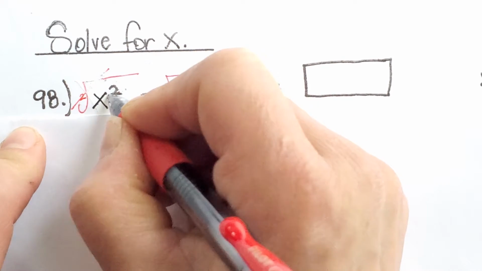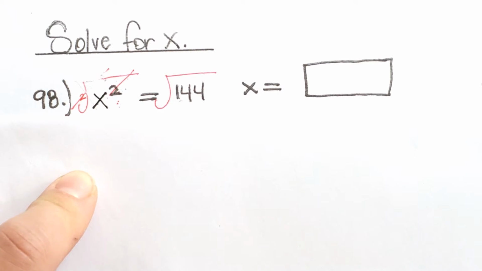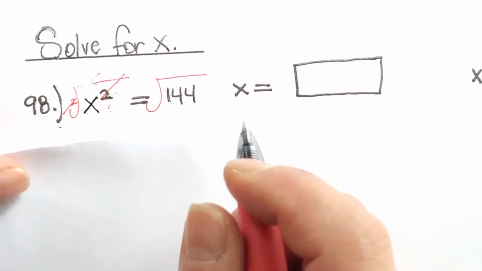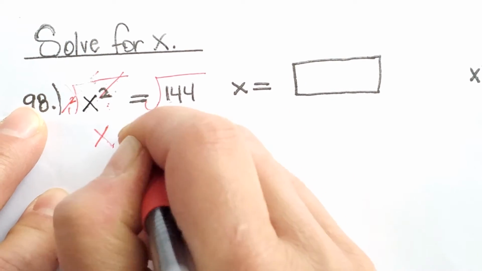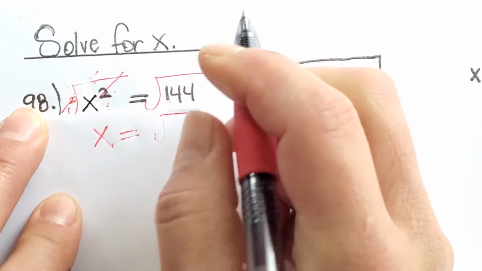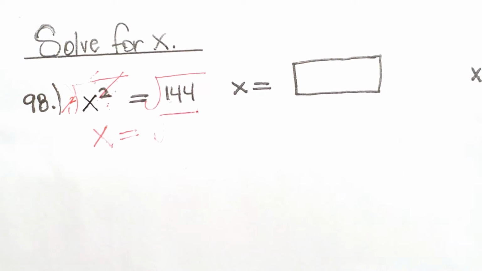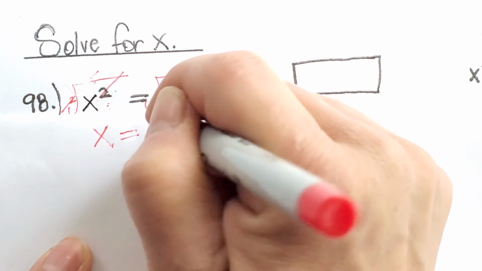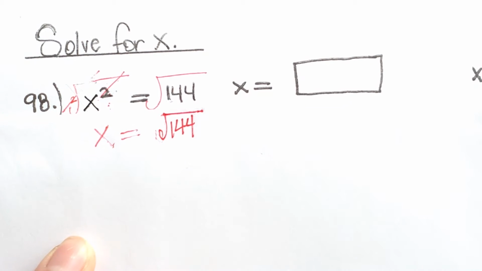And how they cancel each other out, those two 2's, just like that. And then I'm left with x equals 144.